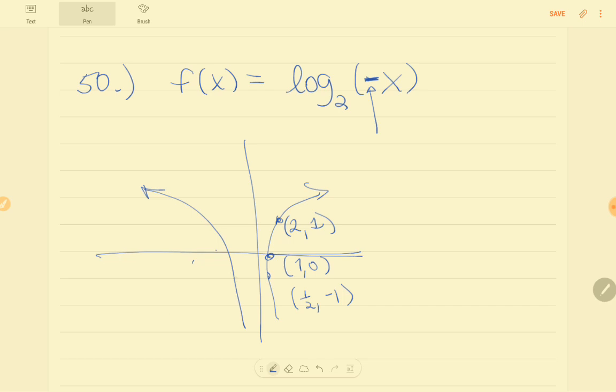So I'm going to have the point -1/2, -1, and -1, 0, and -2, 1. And really, this point should be a little higher, just saying, should be a little higher.